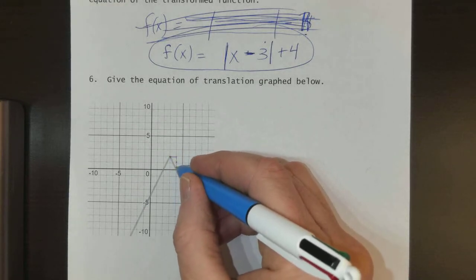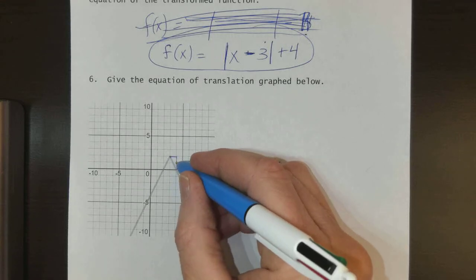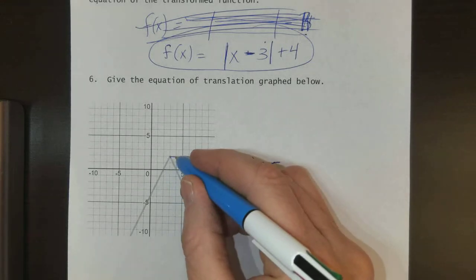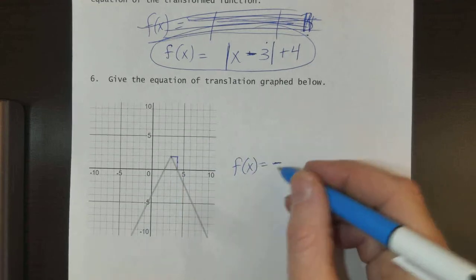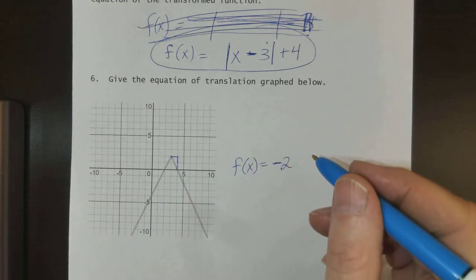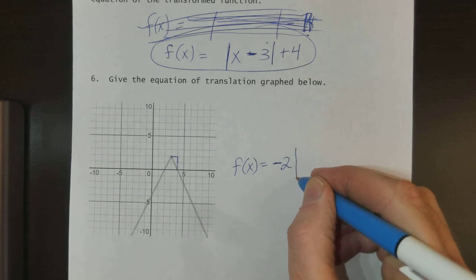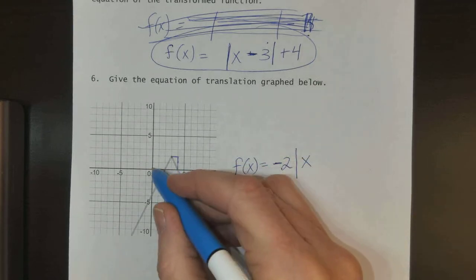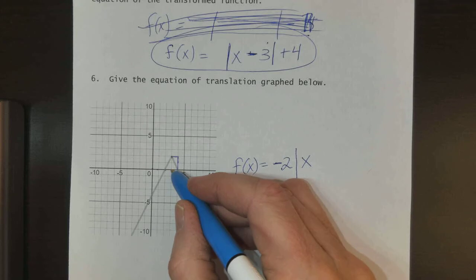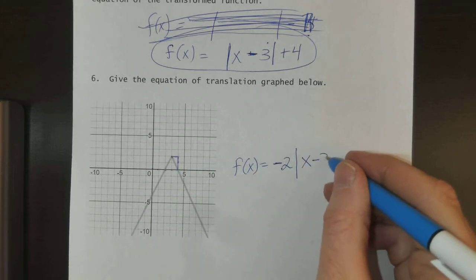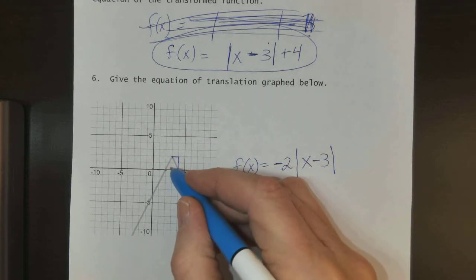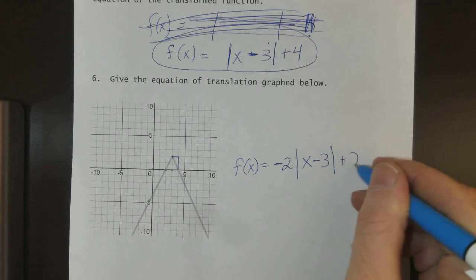This is going 1 over and 1 down because it's negative. Now we're going 1 over and 2 down. So we're multiplying this by negative 2 times the absolute value of x. And we've got a 3 unit shift, and up 2 units.